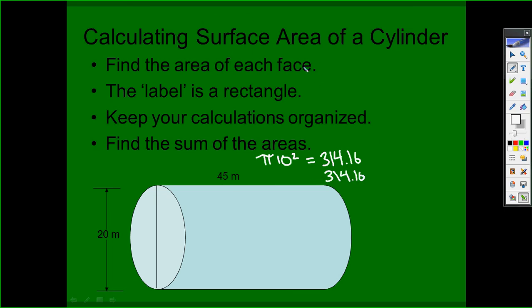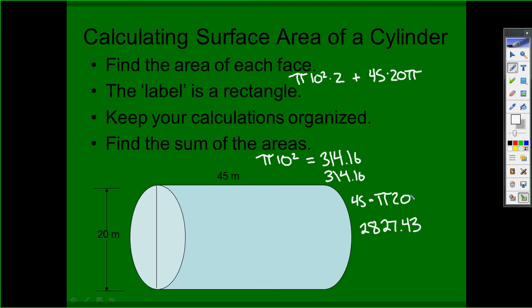And if I start one long equation going across, pi times 10 squared times 2, because I have two circles, plus my rectangle here would be 45 times my circumference, which would be pi times diameter, or 20 pi. 45 times 20 pi is 2,827.43.